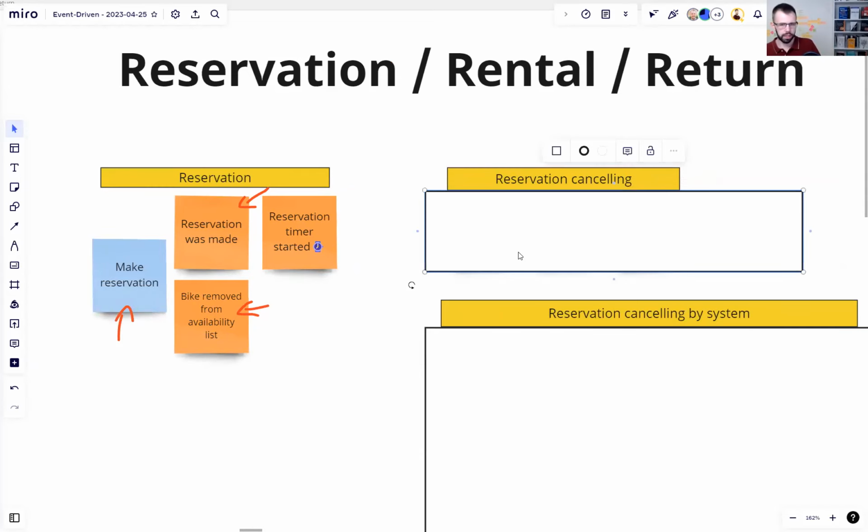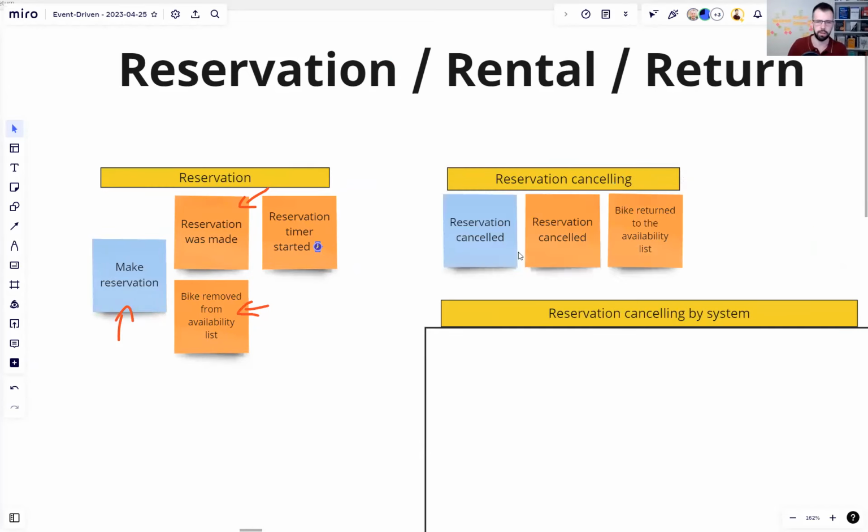Then our client can cancel the reservation. When the client cancels a reservation, of course, the reservation is canceled and bike is returned. Bike was returned to the availability list. So the situation is similar to what we had before.